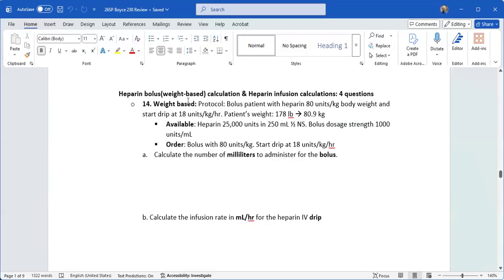And really the big difference, or the things to pay attention to, is they're going to ask you to do a couple things. They want you to convert the patient's weight in pounds to kilograms if it's not already done for you. Typically, you're going to round that pounds to kilograms to the nearest tenth. There sometimes is some nuance with that.